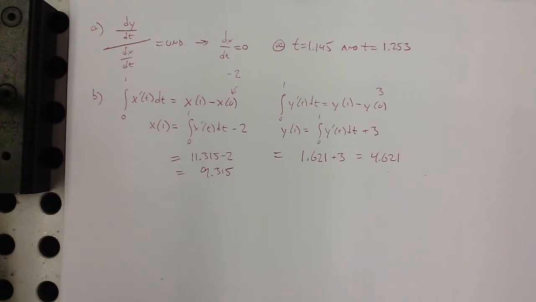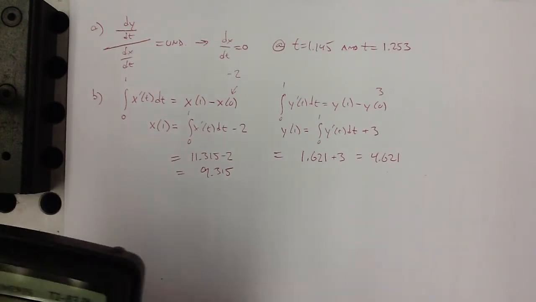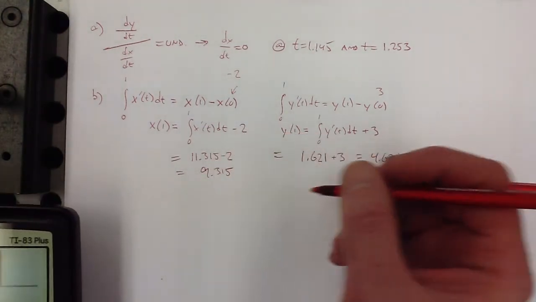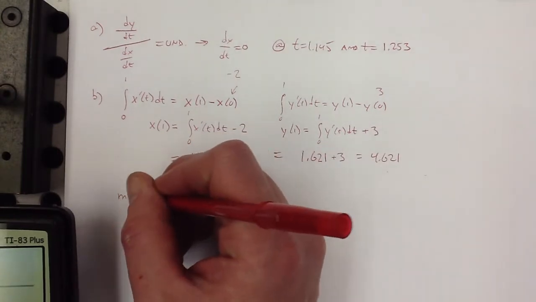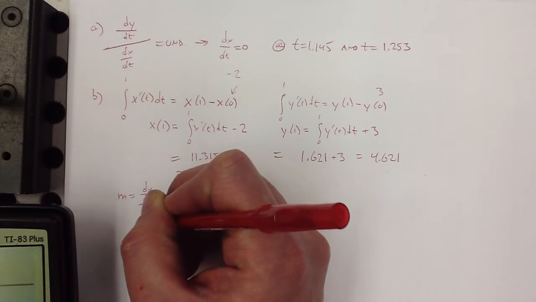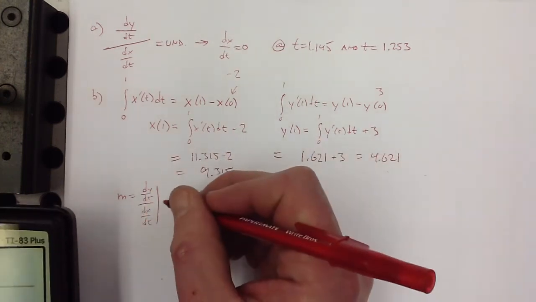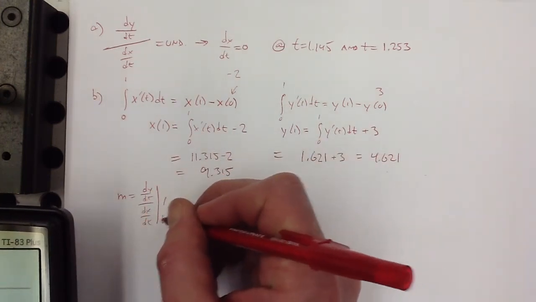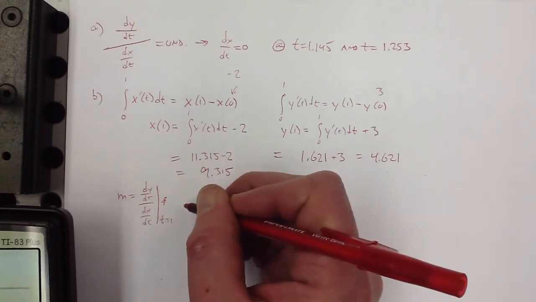Okay, so there's my x and y coordinates. And then to find the slope, I need to find dy/dt over dx/dt evaluated at time 1.